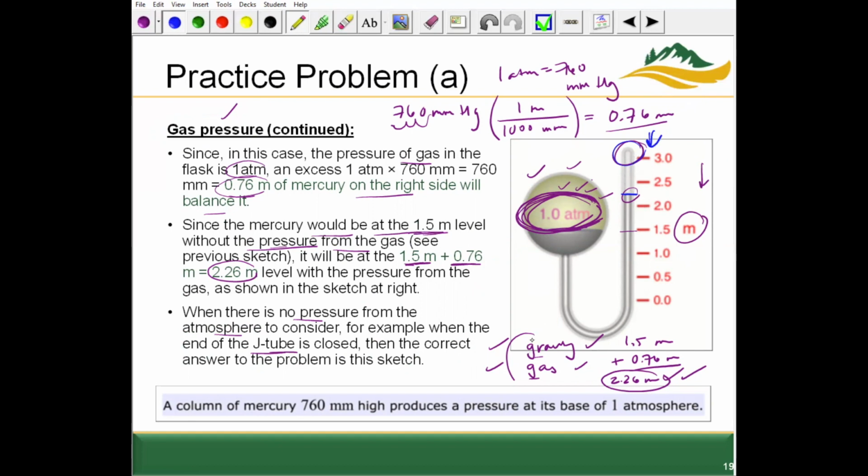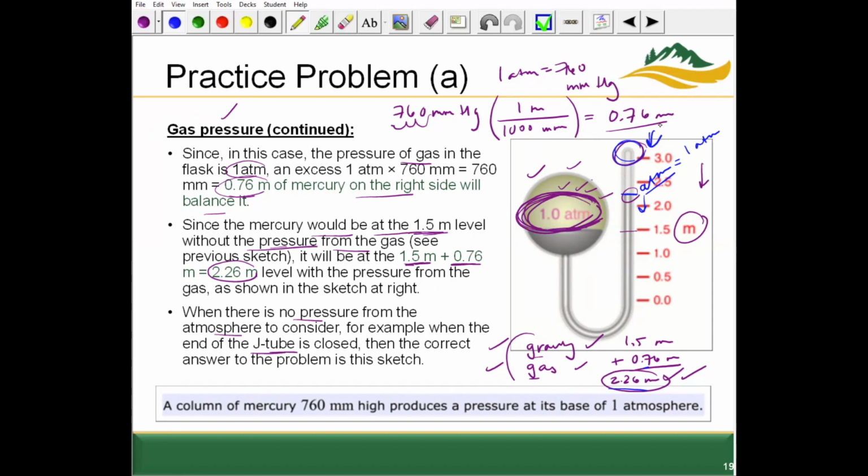That was with gravity and the gas. Now though, when this is open, we're going to be 0.76 meters this direction from the sheer pressure of the atmosphere, where that pressure at sea level is 1 atmosphere or 0.76 meters. That means we need to take 2.26 meters, but now subtract 0.76 meters.